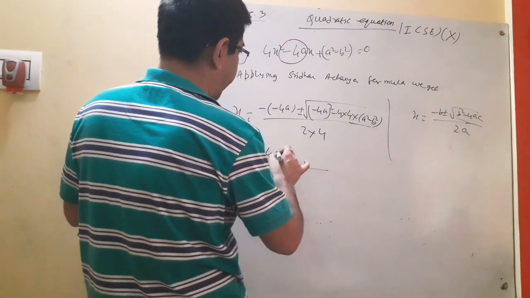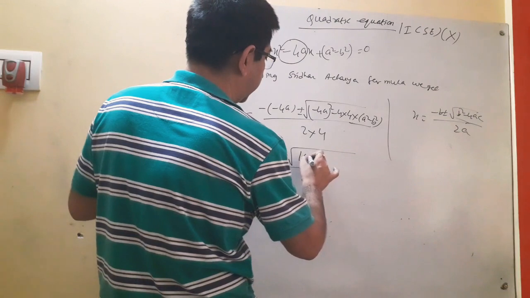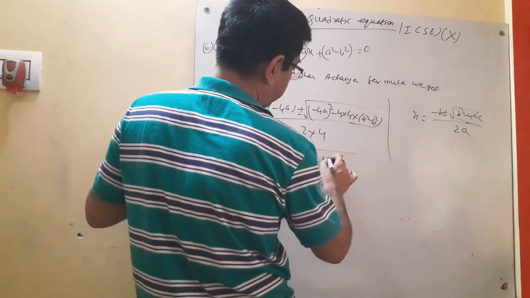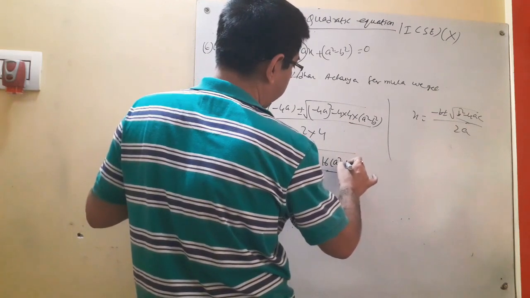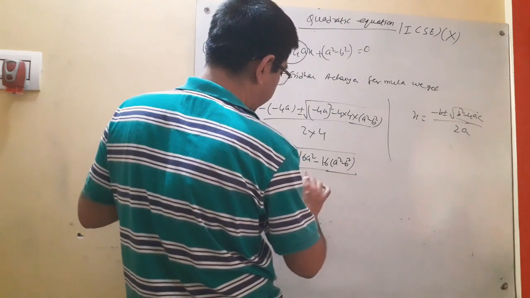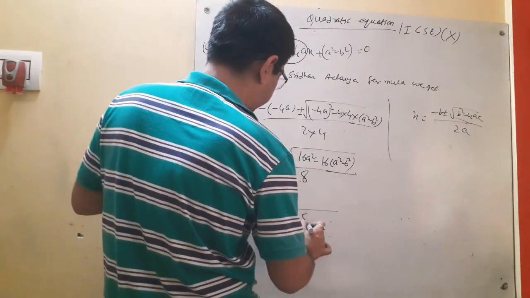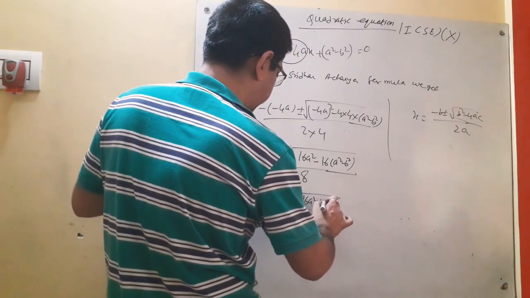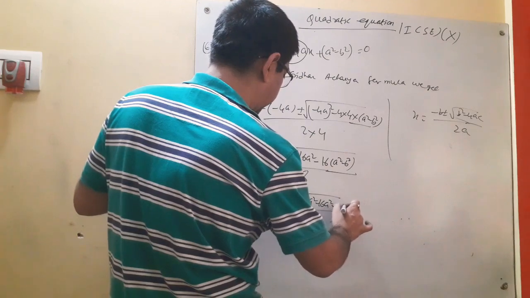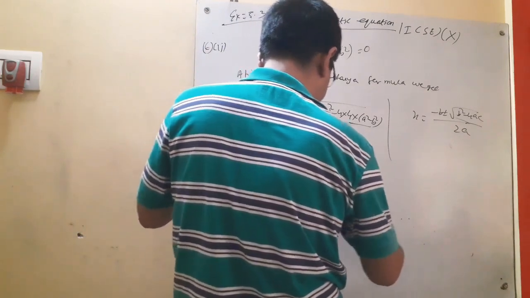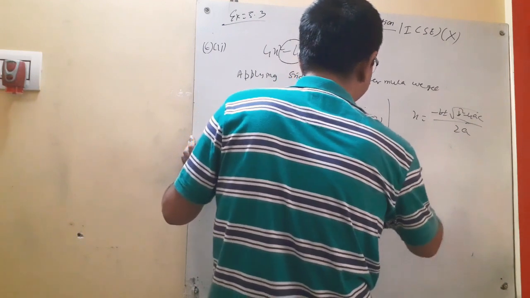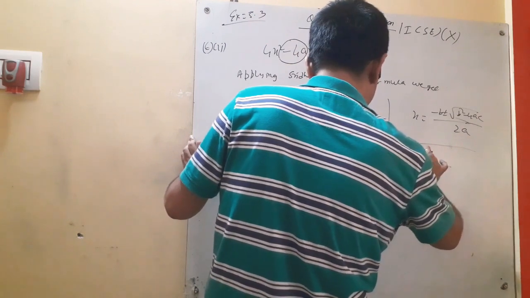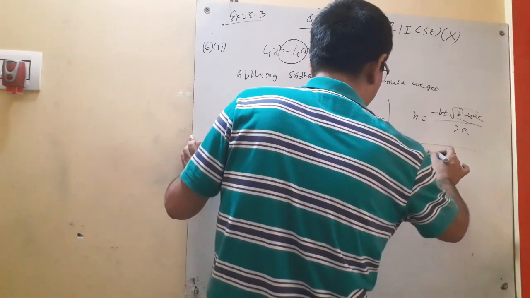So 4a plus minus root of 16a square minus 16a square plus 16b square, by 8. This one cancelled. So we are getting x equal to 4a plus minus 4b by 8.